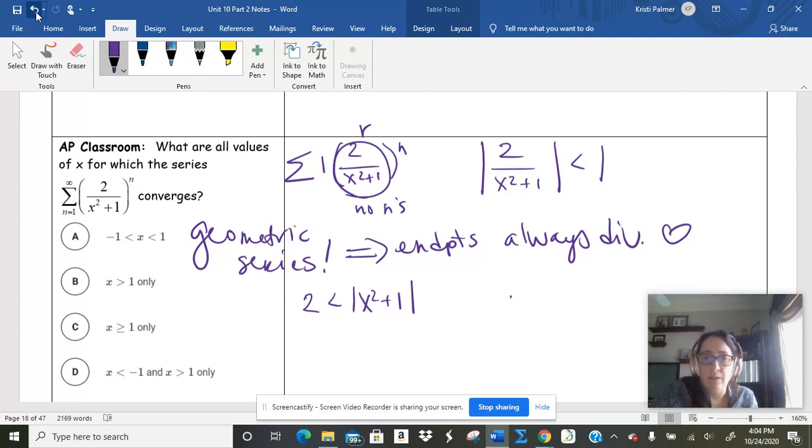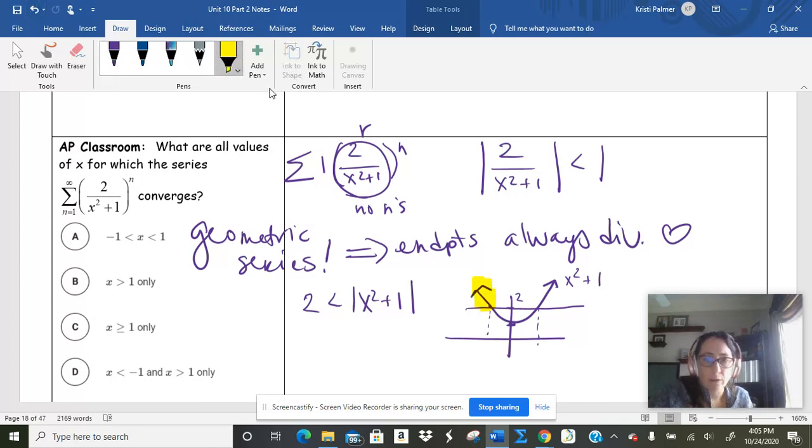So if I think about my x squared plus 1 graph, this one's really hard to do algebraically. So here's this x squared plus 1, and I want to know where it is greater than the 2. So I'm looking here where we are greater.